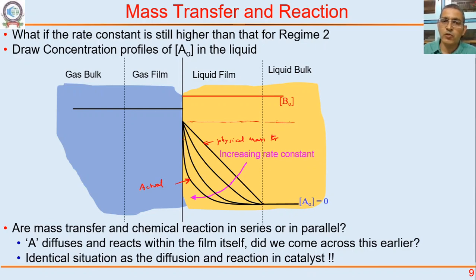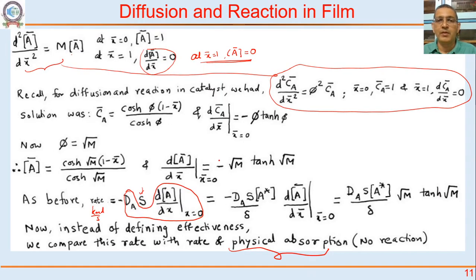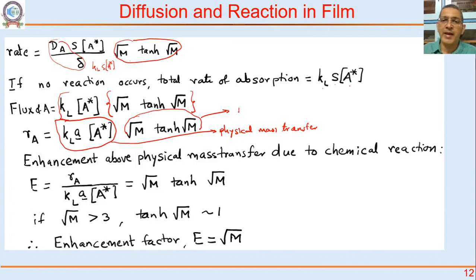Isn't the rate higher, the slope dCA by dx higher in this case as compared to this case? So it is like enhancement. This is our enhancement due to chemical reaction. So this enhancement factor we can define as Ra divided by KL A star, which is root m multiplied by hyperbolic tan root m.